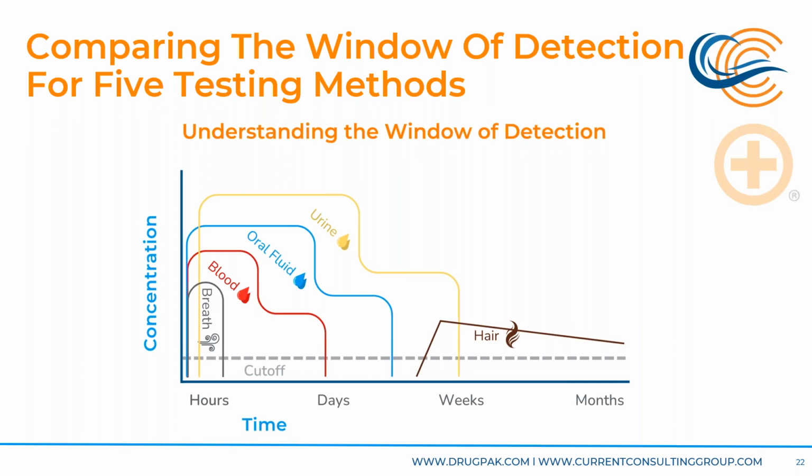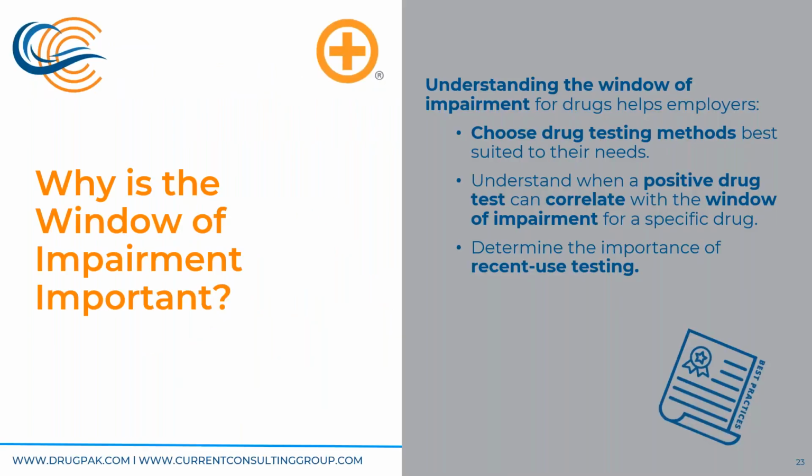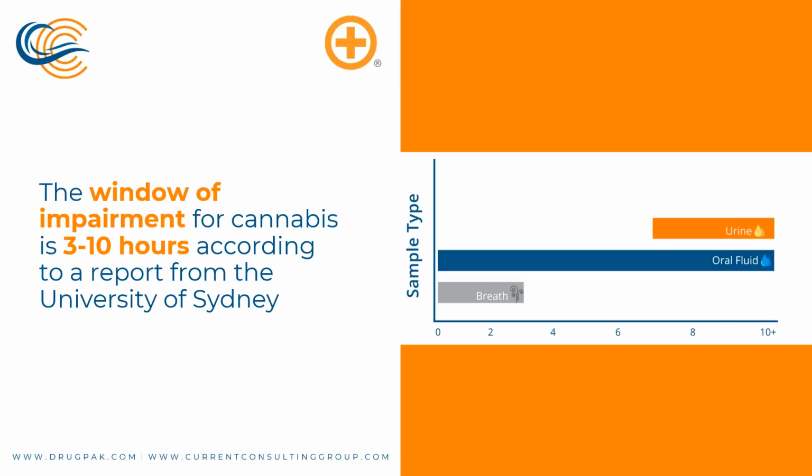But you've got a solid window of detection, and that's really important because if you consider the issue within the context of impairment, you want a drug testing method that covers the whole window of impairment. We're talking about window of detection, but think about it in terms of window of impairment.